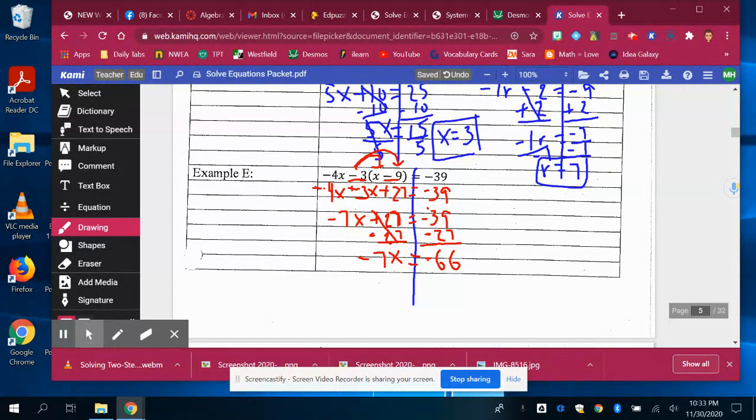All right, now I'm going to divide by negative 7. And I get x equals, well, I don't believe 7 goes into 66 evenly. And I don't believe I can simplify that except for my negatives. So my negative divided by a negative is a positive, and I'm just going to keep this as 66 over 7. Just like that.